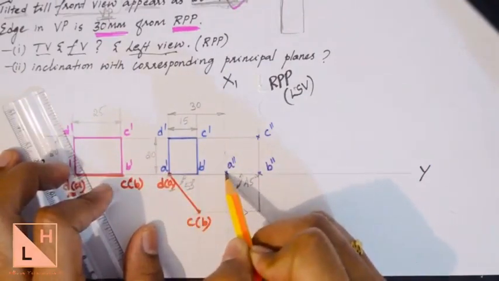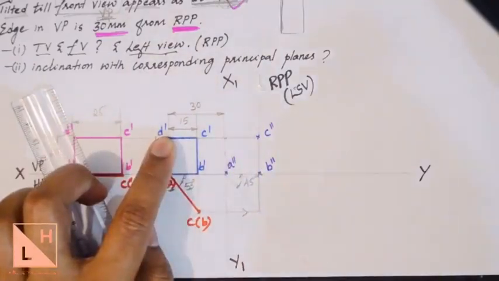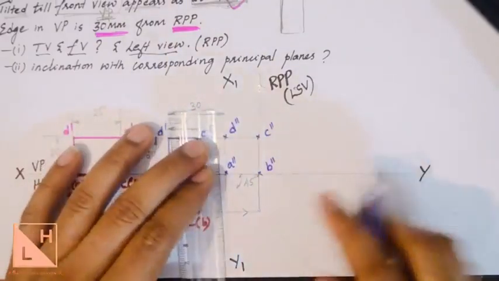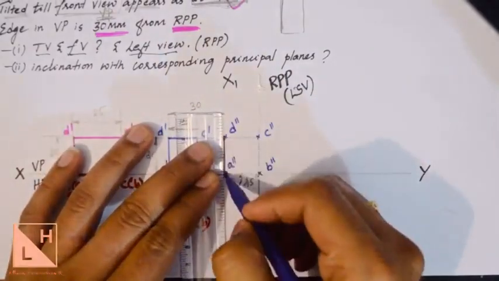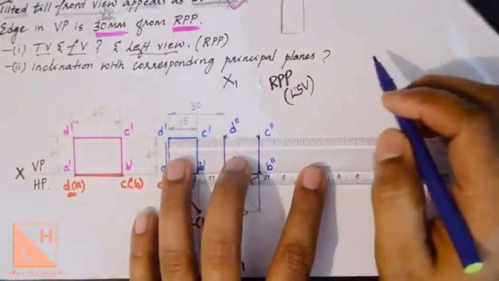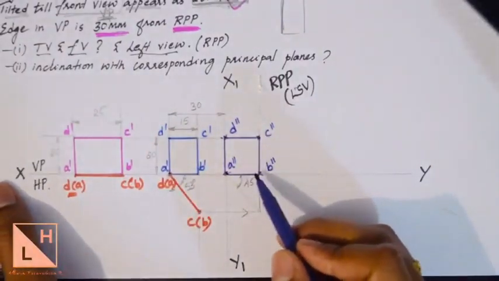Take a vertical line till it reaches D dash. This intersection will be the side view of point D. Join these 4 points, and that will give you the side view. So this is the side view for the given problem.